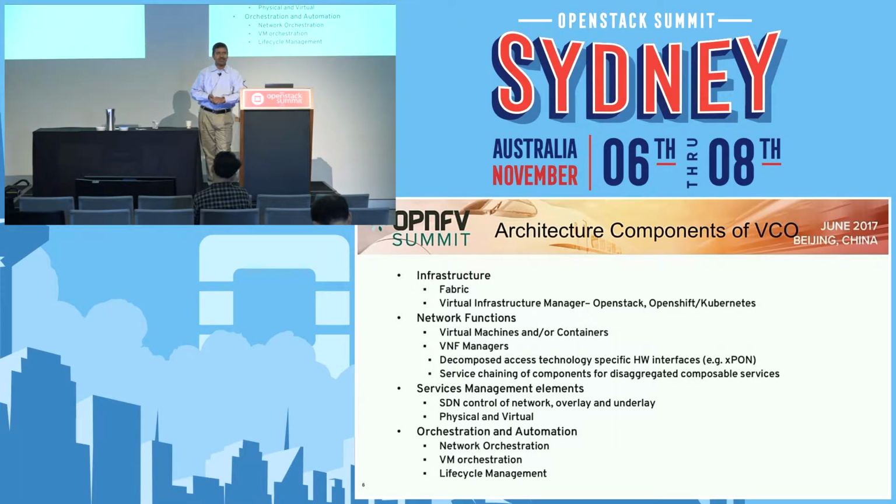So we started off with this set of principles, and we said, okay, let's figure out what are the different architectural components that we need as part of that. So let's look at the infrastructure components. What should the fabric be? We got feedback from the team saying the fabric needs to be an EVPN fabric. So it should be all white box switching with BGP running in that particular fabric, built using EVPNs, Ethernet VPNs, to build service chains and put these virtual machines inside a service chain to be able to deliver a service.